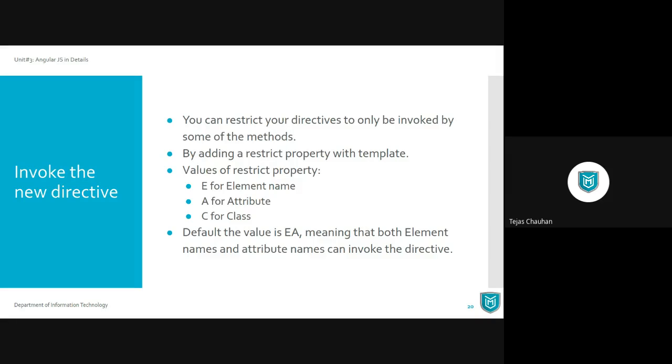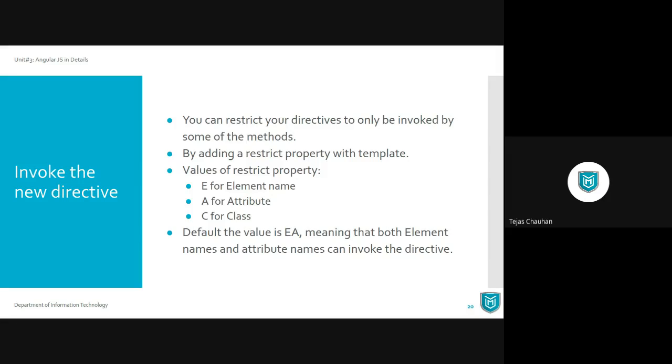That property will have a value such as E or A: E for element, A for attribute, C for class, and so on. So if you restrict it to E, then you will only be able to access that directive in your view with the element name.